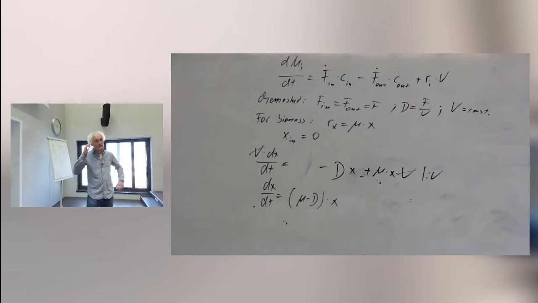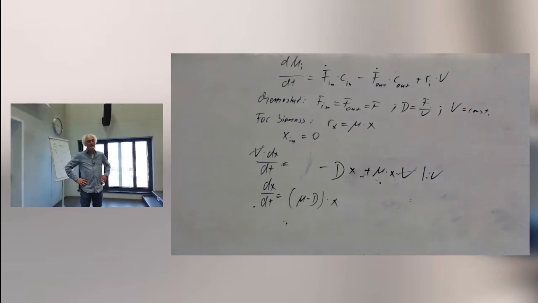So biomass is constant not because nothing is happening, but because the same amount of cells is growing as is being pumped out. Not dying, pumped out. So we assume here that it's just growth, which is reasonable in such a case.